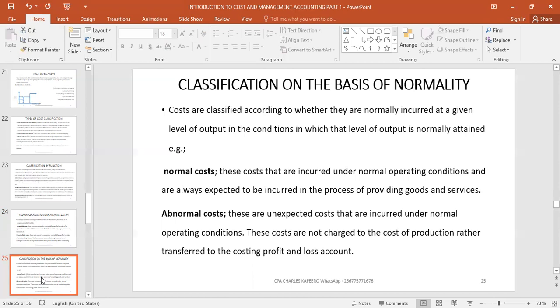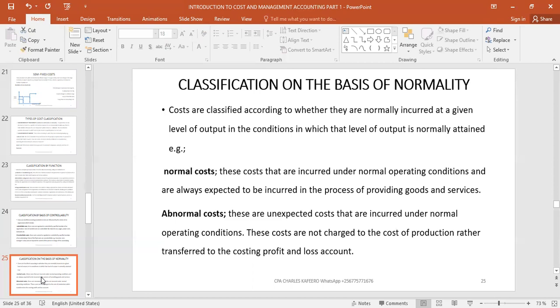When you are engaged in manufacturing products, we expect that there must be normal losses. These normal costs we are supposed to incur, like the cost of raw materials. When you are engaged in production, we expect you to incur certain costs of material, labor, and others.